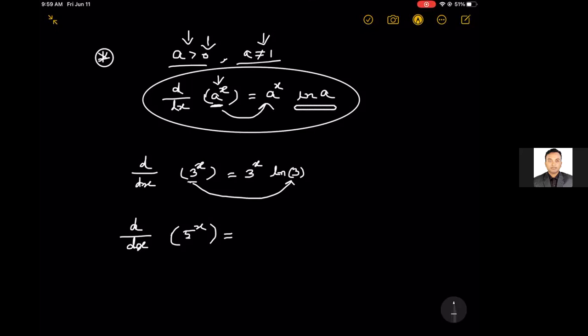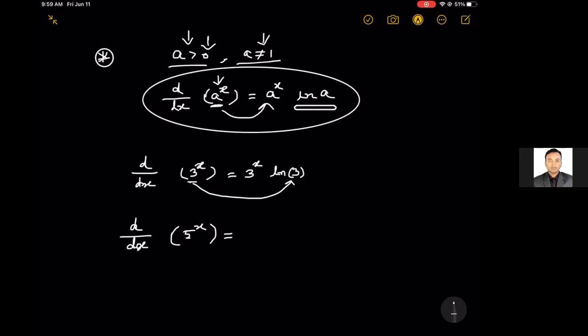Anyone? It would be 5 to the power x natural log of 5.